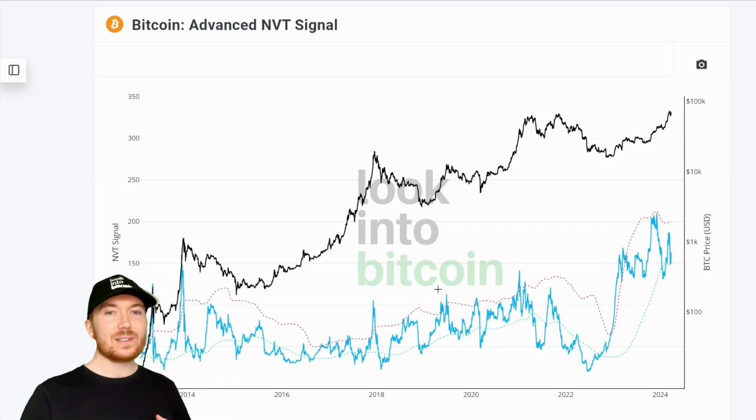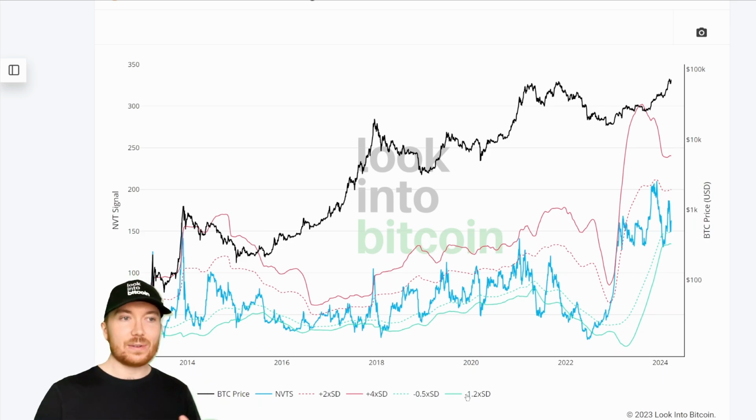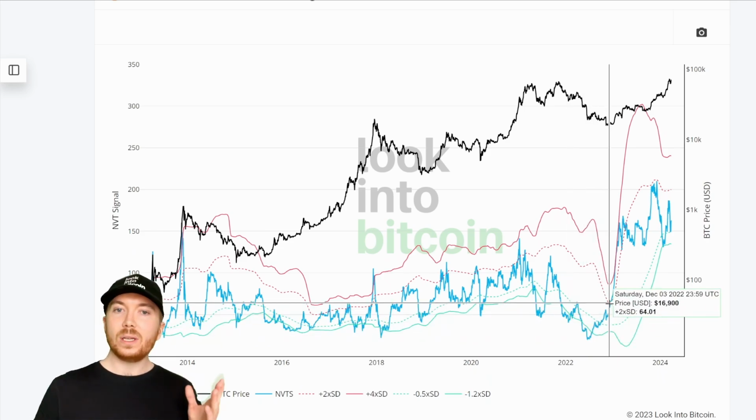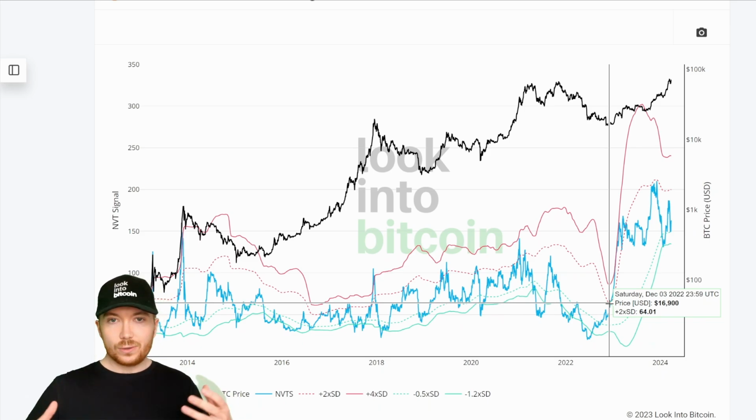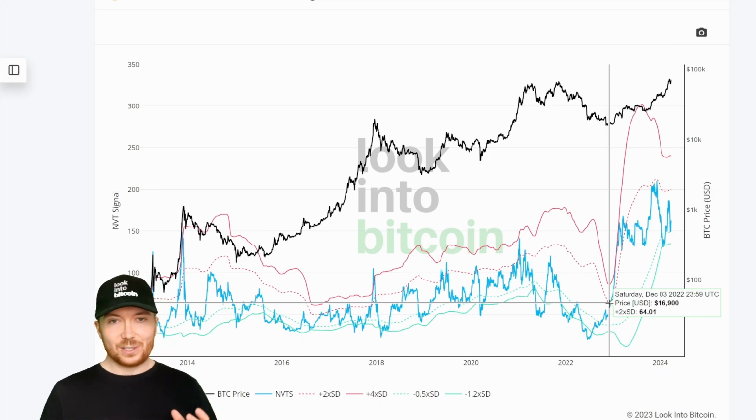Now, this is one that actually for a few months wasn't the best at giving the most accurate signals around here, purely because of a couple of things. We saw the FTX collapse, which resulted in a huge amount of BTC being moved on-chain, off exchanges, potentially to self-custodian wallets or other exchanges, which maybe warped this metric a little bit.